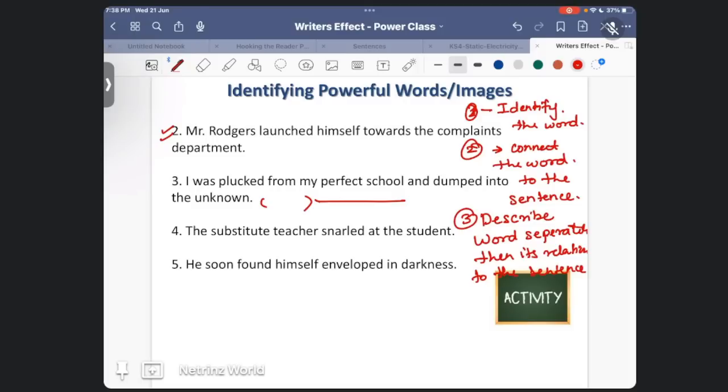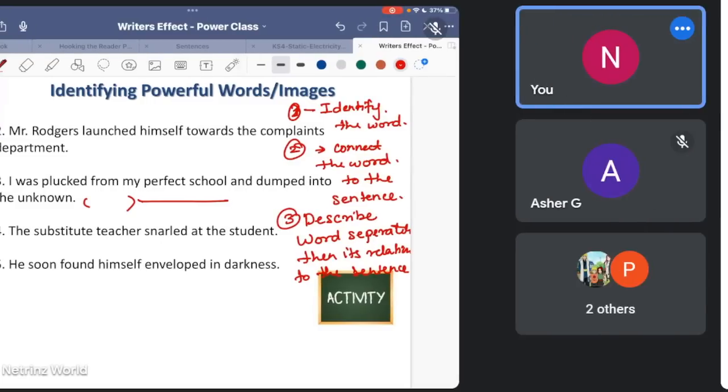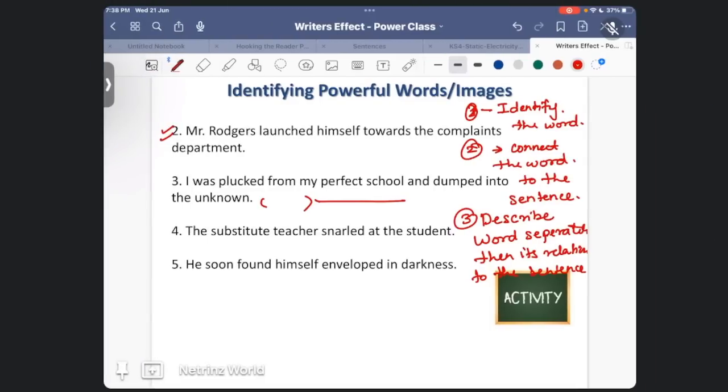I sent it. Okay. What about you? Mahika, are you done? Yeah, there is a typo. I'll send it right now.